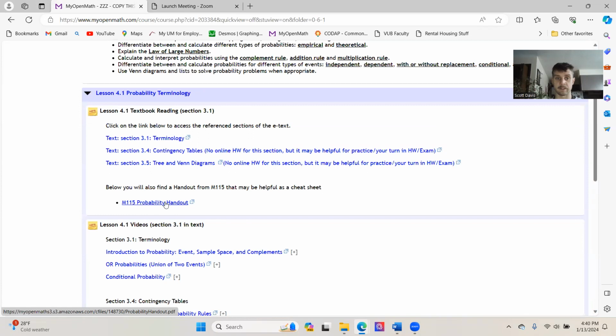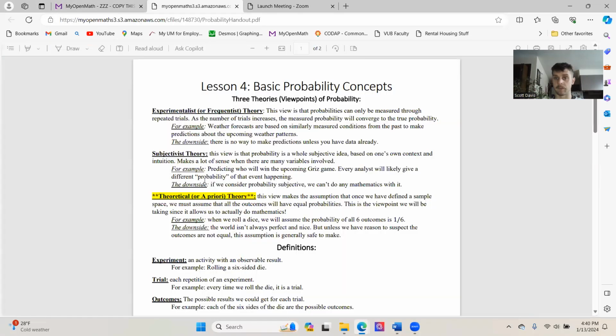I did have this probability handout from my Math 115 class that you are absolutely welcome to use. Most of what we're doing is the theoretical a priori. However, if we are doing these simulations, which some of you will see, well, hopefully we'll watch later on, there's the theoretical idea, and then there's also running the experiment itself.